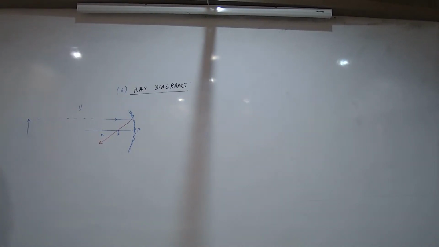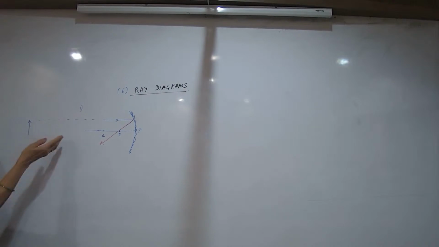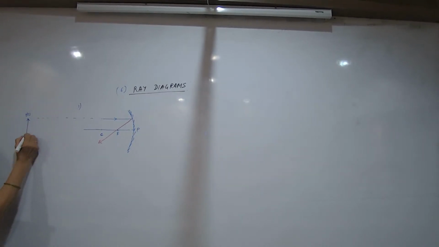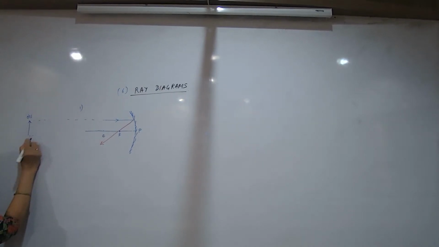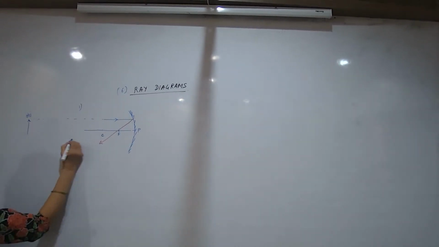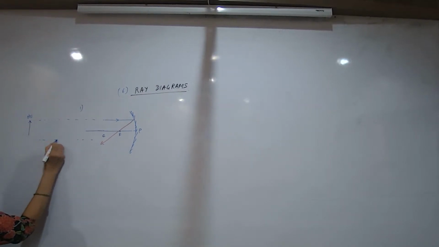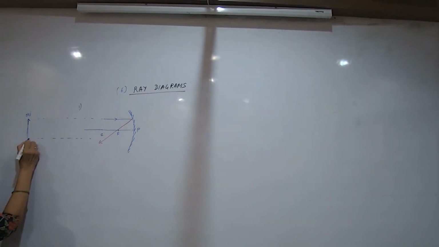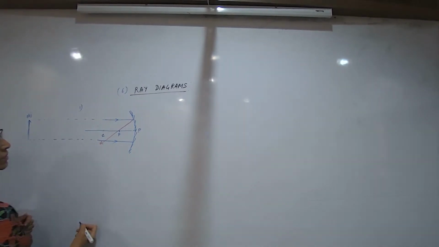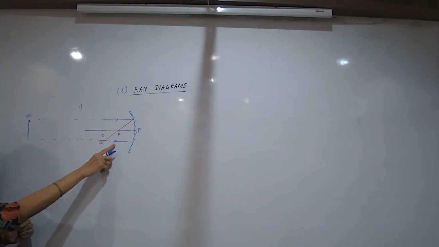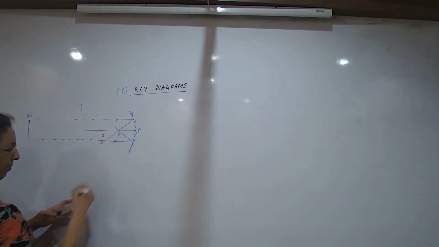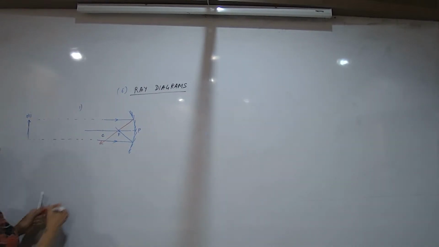There is another ray also. There are so many rays coming from our object. This is your object. Once again, I have to draw. These are all things that you need to use a scale to draw. This is another incident ray parallel to the principal axis. Maybe use my red pen here.